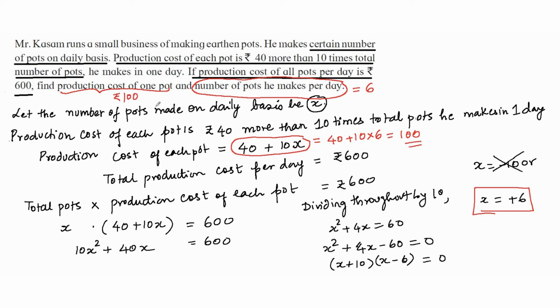So let's check if the given conditions match our answer. 6 pots made at rupees 100 per pot, the total production cost will be 600, and the production cost of each pot is 100, which is indeed 40 more than 10 times the total number of pots made. So the answer matches both the conditions, and therefore our answer is right.